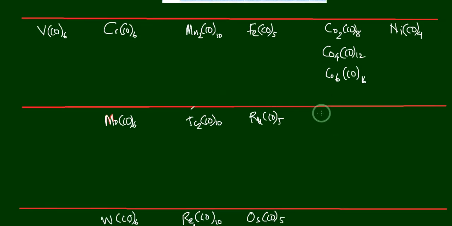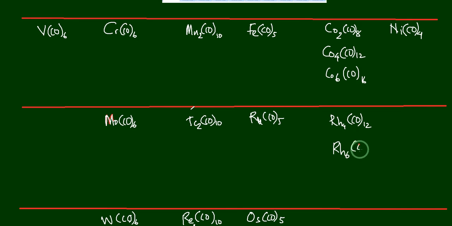Coming to the second row, rhodium gives Rh4(CO)12, like cobalt's Co4(CO)12. And not only that, it also gives Rh6(CO)16.